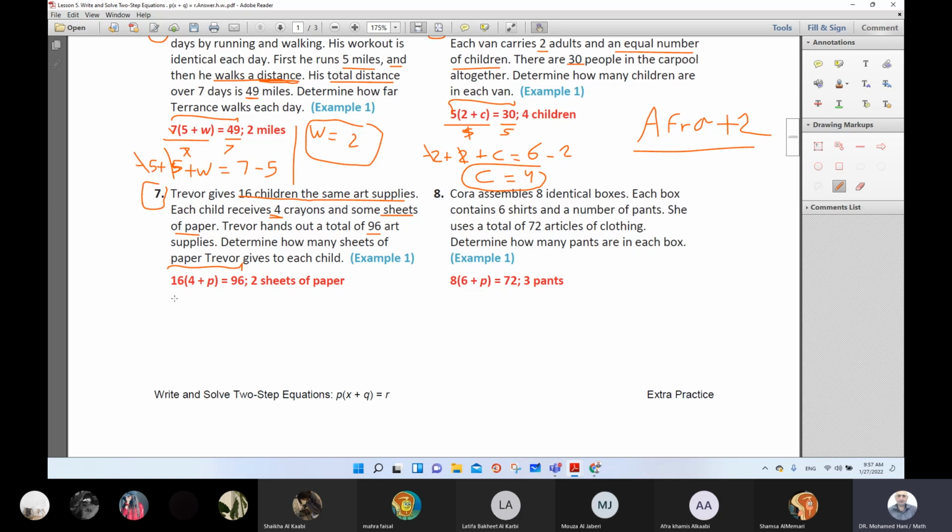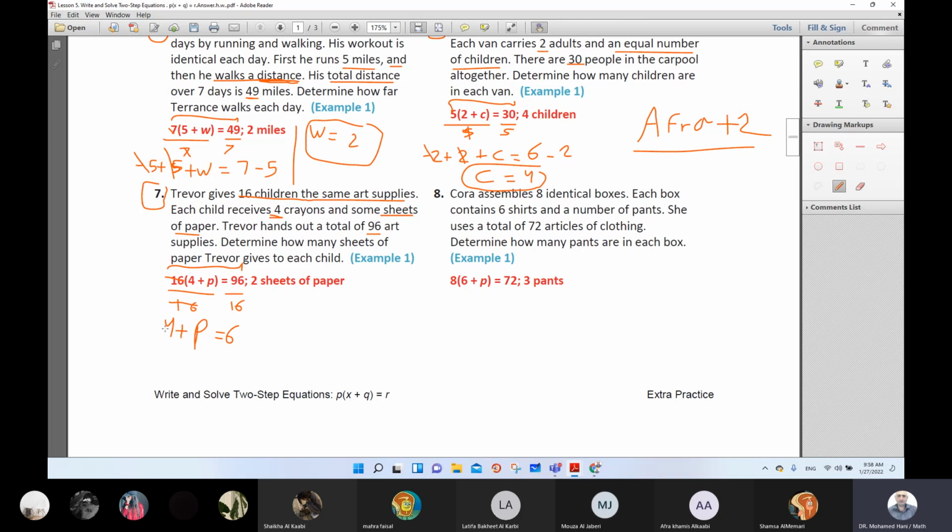So to solve this equation, try to remove 16 from this side. So you can divide the two sides by 16. Sixteen divided by 16 will be 1. It means here 4 plus B equal 96 divided by 16 will be 6.